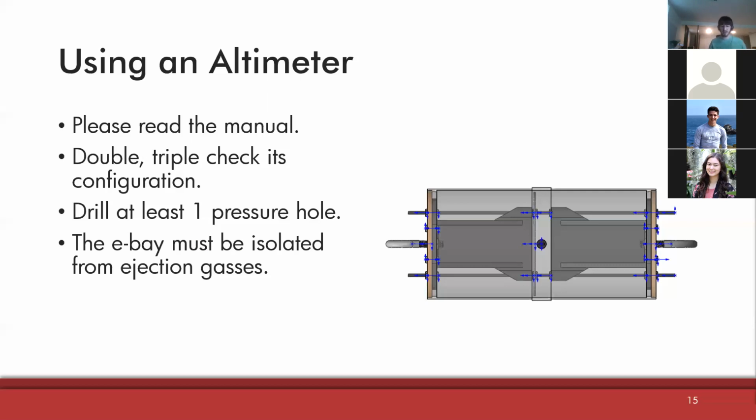But even if you're not using them, just the gases leaking into the eBay can increase the pressure inside the eBay. And then because of the reliance on a barometer, that changes what altitude the altimeter thinks it's at.